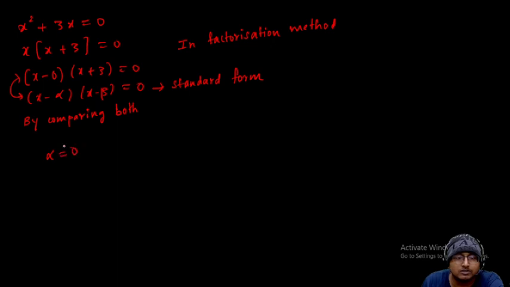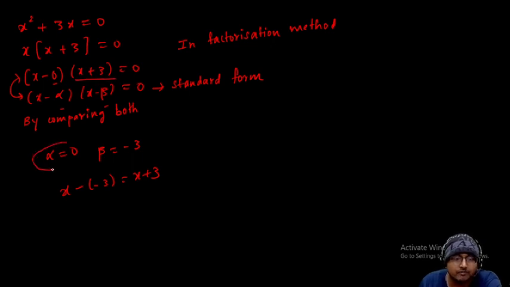Alpha is equal to 0 because this and this are the same, and beta equal to minus 3, because if beta equal to minus 3, x minus beta will become x minus of minus 3. It will become x plus 3. That is there here, right? x plus 3. Okay. So by comparing, we will get alpha equal to 0 and beta equal to minus 3. This is simple or not? These are the roots of the given equation.